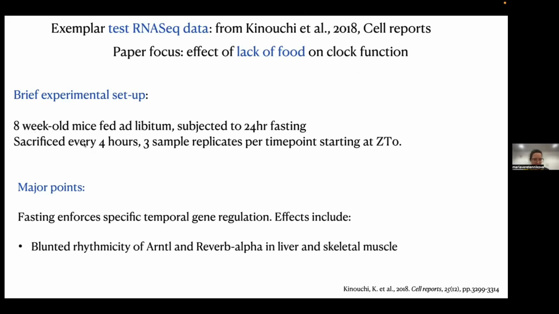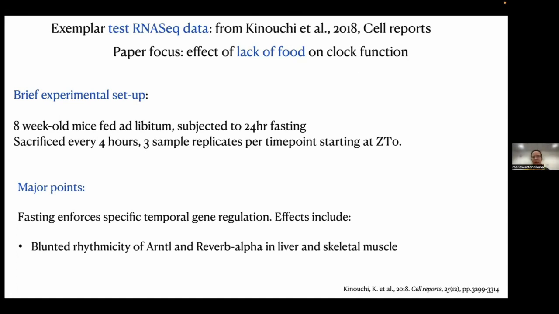So we had data for every 4 hours. Here it says starting at ZT0, that's a biological term for Zeitgeber time. If you have mice that have a specific condition for the light and dark, then ZT0 is the time when the lights go on.